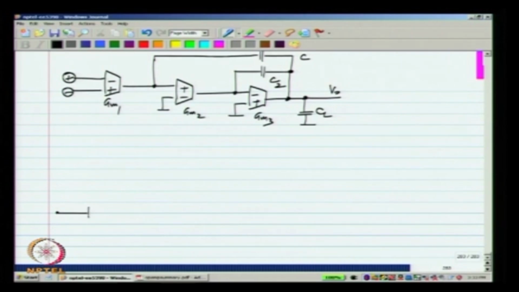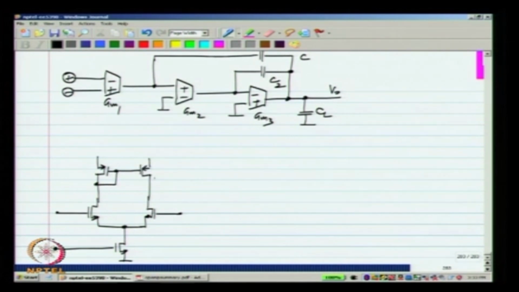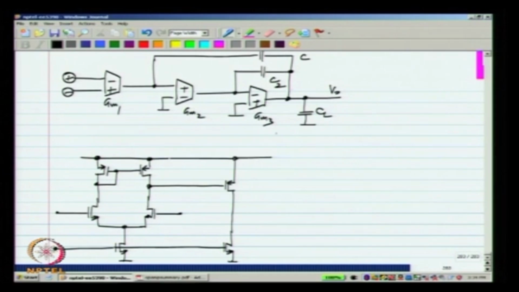Let us say we continue with the same topology. Now, this forms the second stage GM2.